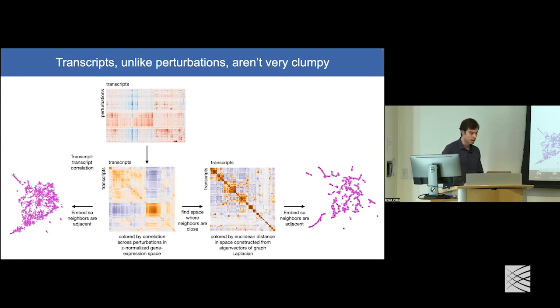So in this case, basically we use the graph Laplacian, and here I am showing Euclidean distance in this space constructed from the eigenvectors of the graph Laplacian, and then embedding the neighbors that are adjacent. And so this is moving cells closer, moving transcripts closer to their neighbors, and then doing clustering, which obviously will improve the quality of the clustering, but may also increase the false positive rate of clustering.